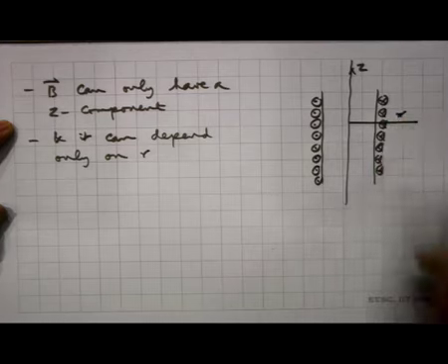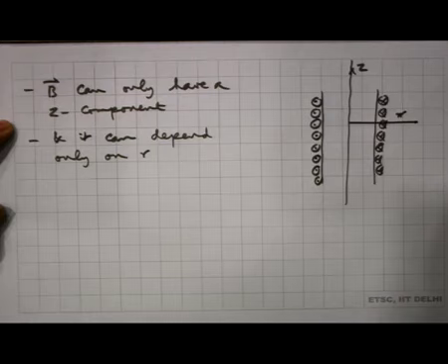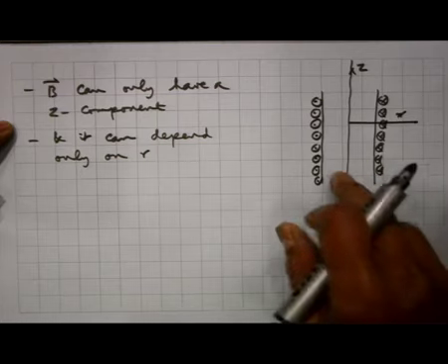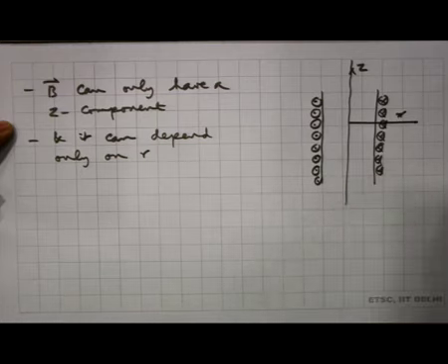It cannot have a dependence on z, it cannot have a dependence on this angle, it can only depend on r. So, now I want to use Ampere's law to find out the magnetic field inside and outside the solenoid.